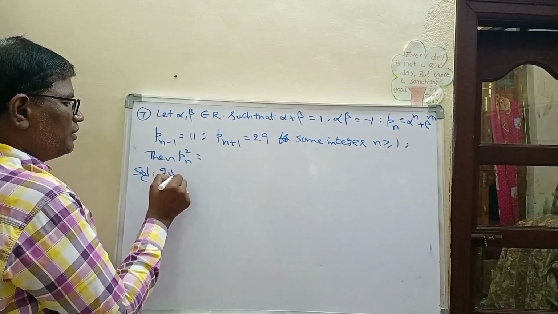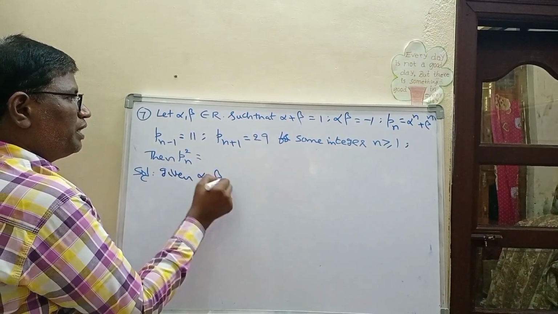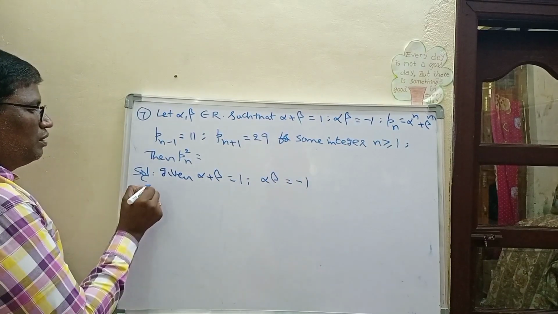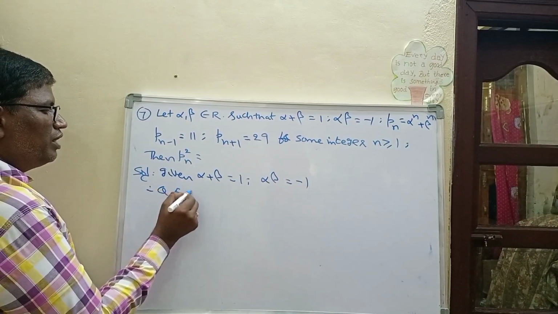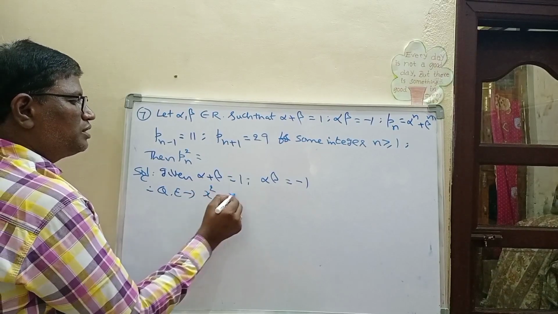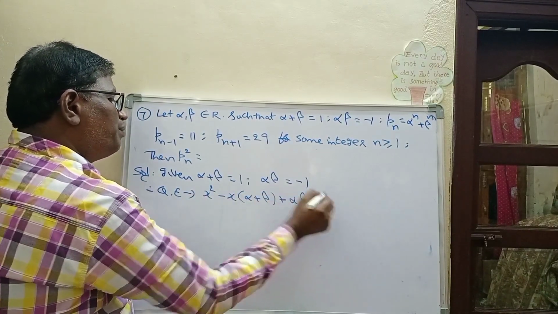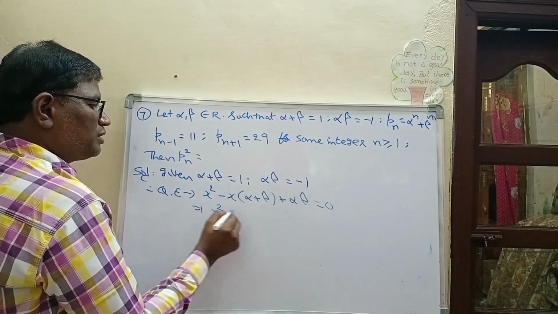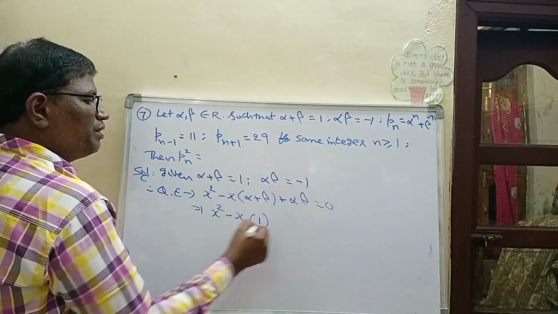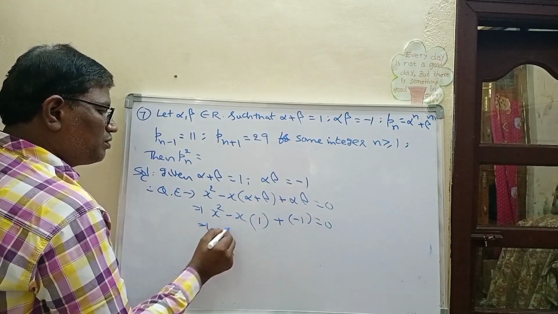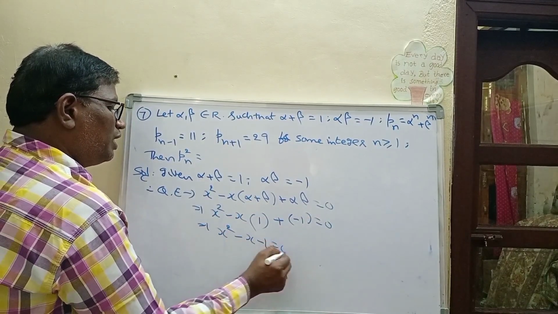So given alpha plus beta is equal to 1, alpha beta is equal to minus 1. Therefore the quadratic equation, our formula, x square minus x into (alpha plus beta) plus alpha beta is equal to 0. Alpha plus beta means 1, alpha beta means minus 1. So from this, x square minus x minus 1 equal to 0.